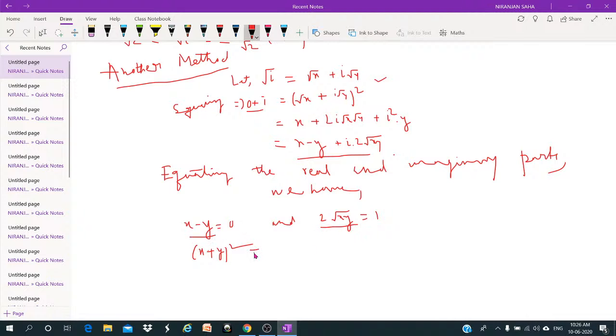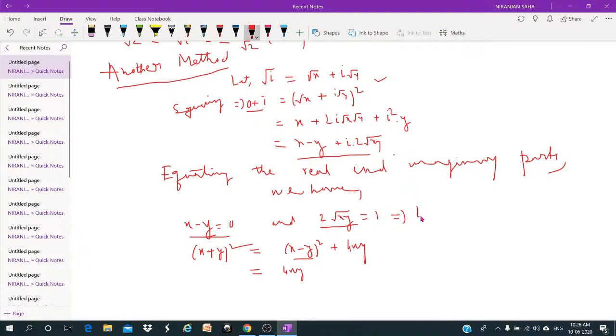This is equal to x minus y whole square plus 4xy. Since x minus y is 0, we have 4xy, which equals 1 on squaring both sides.